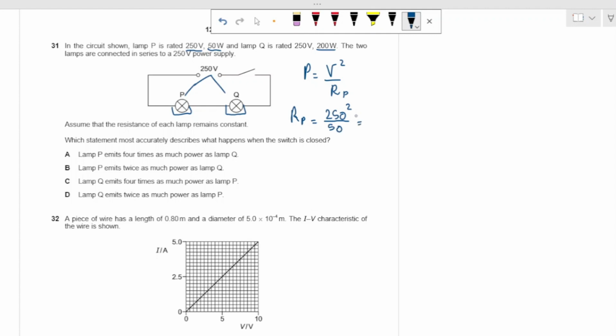That would give us 1250 ohms. Similarly, for the resistance of Q, it would be 250 squared over 200 watts, 200 watts only, not squared.